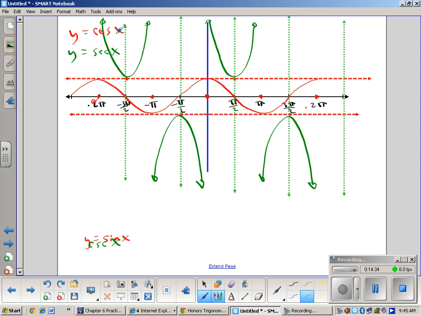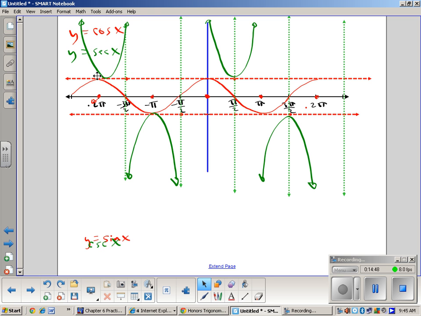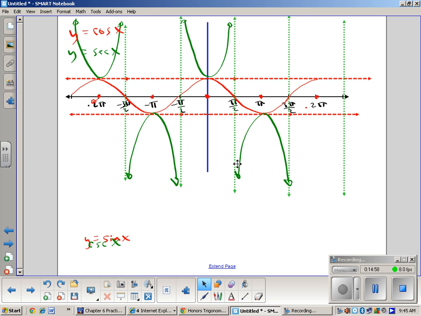Now, catching my writing up with my graph, the red graph indicates the cosine function, and so I have to move my parabolas over, don't I? Something like this.